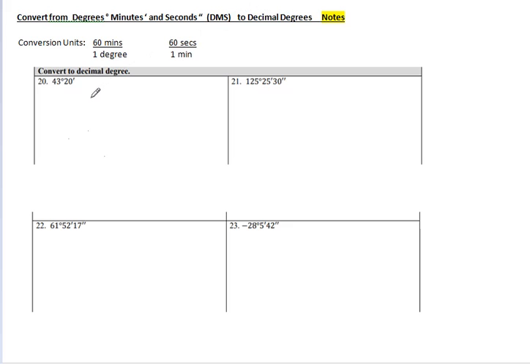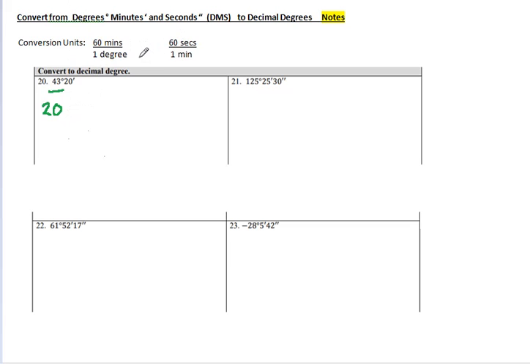So the first thing you want to know is that we're not going to bother messing with the degree part, the first number there. The only thing that we have to convert is the minutes and the seconds. Now this one doesn't have any seconds, so we're just going to convert the minutes. And the way I like to do it is using these unit multipliers, which is what these are.